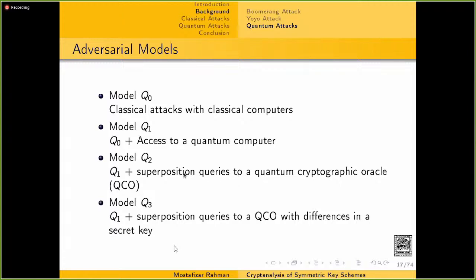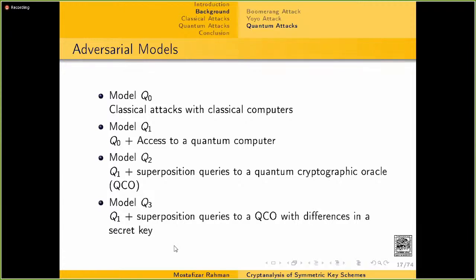But for the superposition oracle, there is a little bit of controversy, because there are people who are quite opposed to it and consider it quite superficial. There is a low probability that people will give access to make superposition queries to their system.